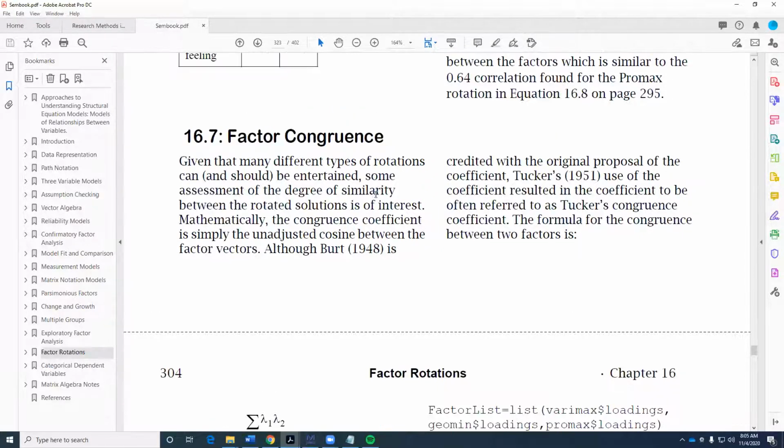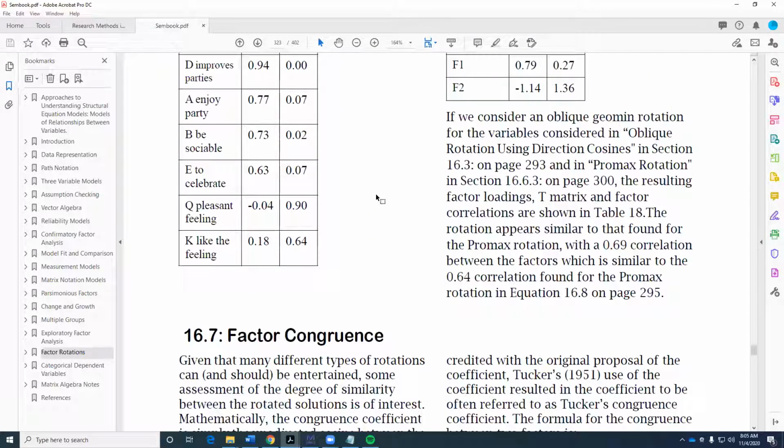As I mentioned last time, since I'm sort of a rotational anarchist and encourage you to do all kinds of rotations, at the end of the day, you might have many different types of rotations, and you might wonder, well, is it really worth it, or are these rotations very different from each other?